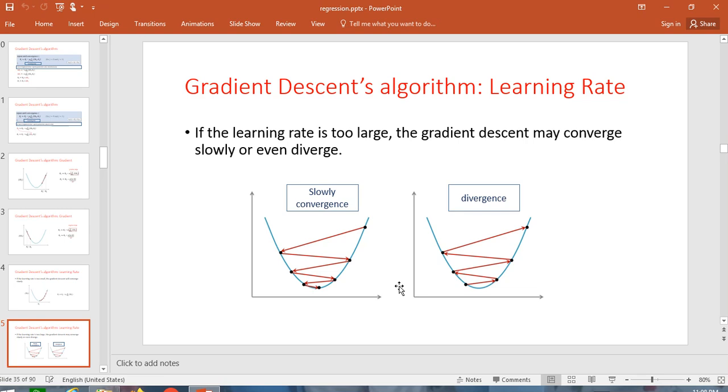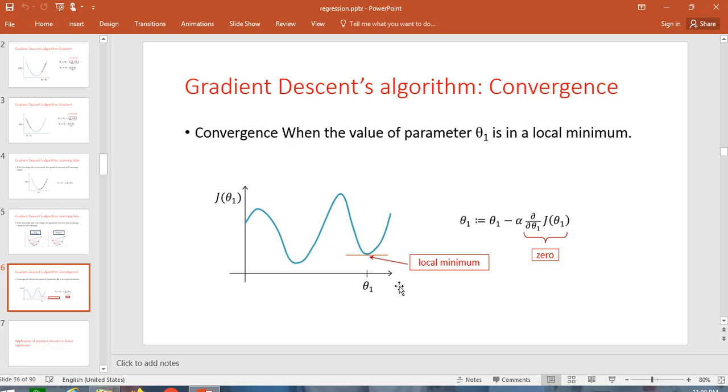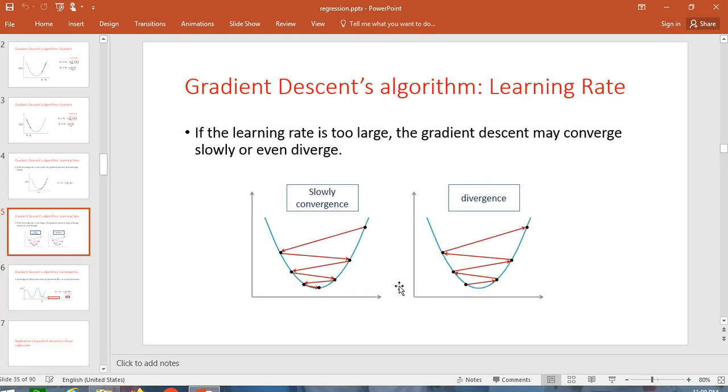In real examples, these jumps may occur millions of times. If alpha is too large, the algorithm may even diverge. That is, you can see that the value of the cost function keeps getting bigger and bigger.